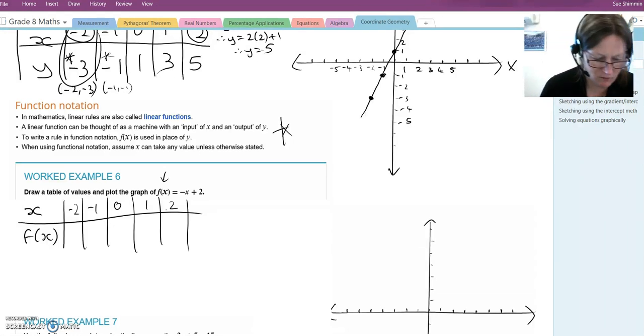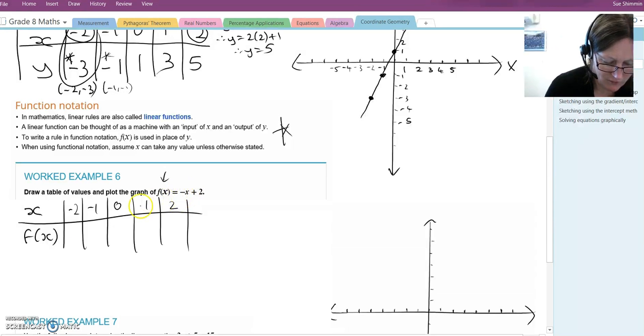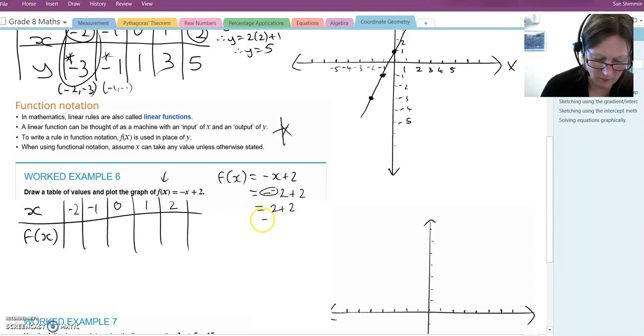So with this rule, instead of x, I'm going to put -2. So f(x) equals negative x plus 2. Instead of x, I put negative 2, so I've got negative 2 plus 2. In other words, it's 2 plus 2, because that makes a positive, which is 4.